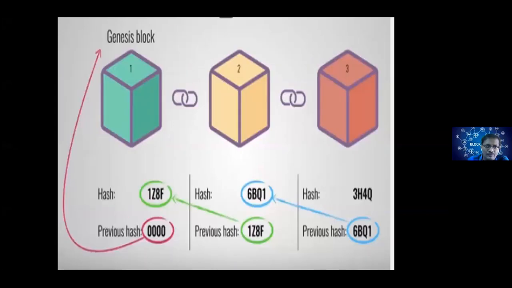So this is a chain of blocks linked with the help of hash. We have 3 blocks here, but there may be any number of blocks. Currently in the Bitcoin blockchain, we have 6 to 8 lakh plus blocks linked in this way. This chain is maintained by all the nodes in the blockchain.